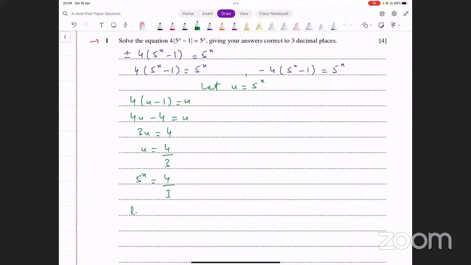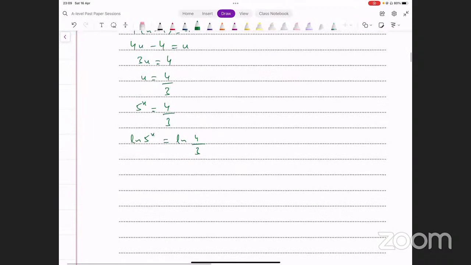Log ले लें दोनों sides के ऊपर. So we have ln of 5 raised to power x equals ln of 4 over 3. The x in the power goes here on the side, and we've got x into ln 5 equals ln of 4 over 3. x equals ln of 4 over 3 divided by ln of 5. इसको evaluate कर लेंगे. We'll get one value of x from this. ठीक है? Let's evaluate this.